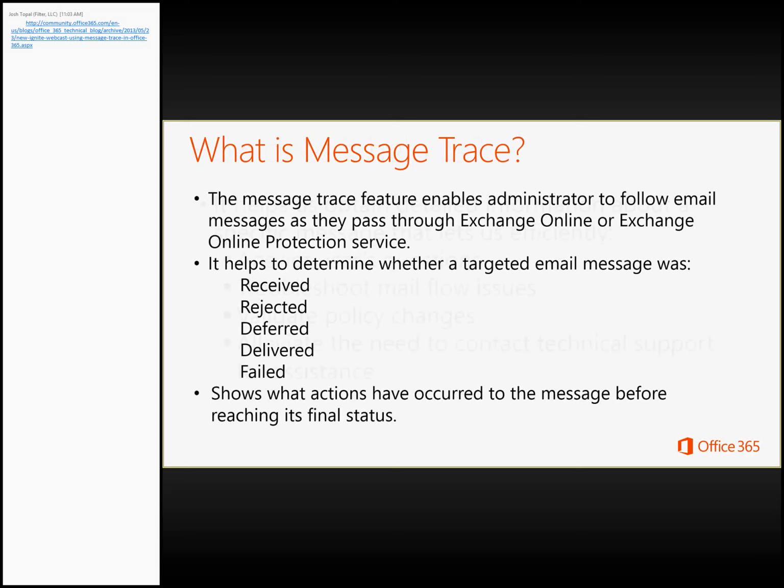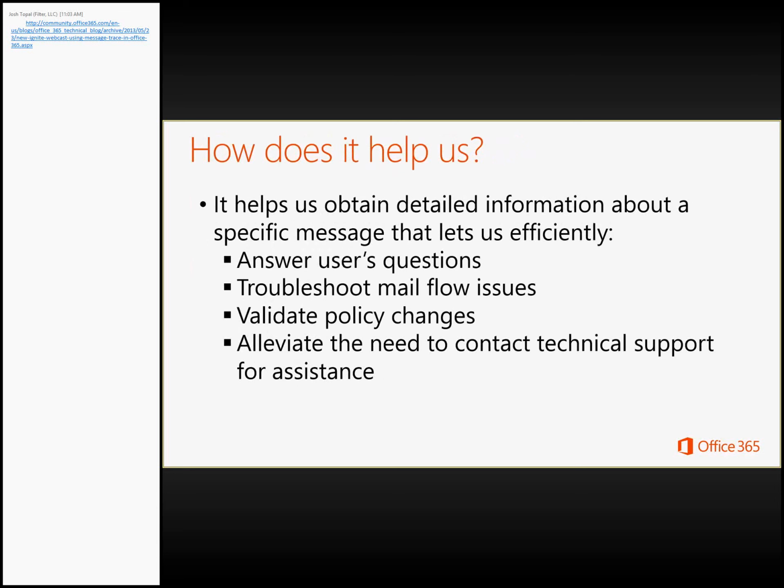So moving on to the next slide, we will talk about how it helps us. It helps us to obtain detailed information about a specific message that helps us efficiently answer user questions. User questions can be like, why am I not receiving expected email?